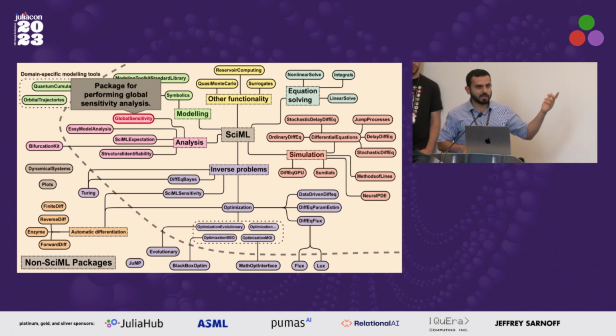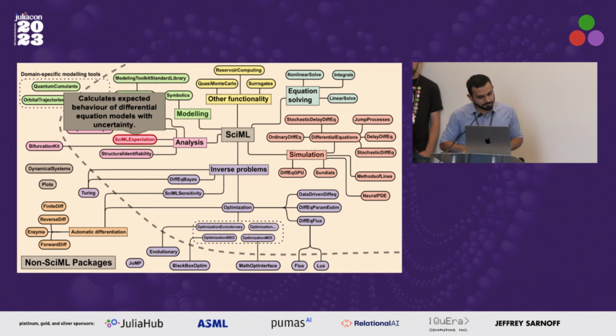GlobalSensitivity.jl is for performing global sensitivity analysis, which is basically you're trying to quantify the effect of input parameters on some measure of the output, or even the entire time series of the differential equation if you want.